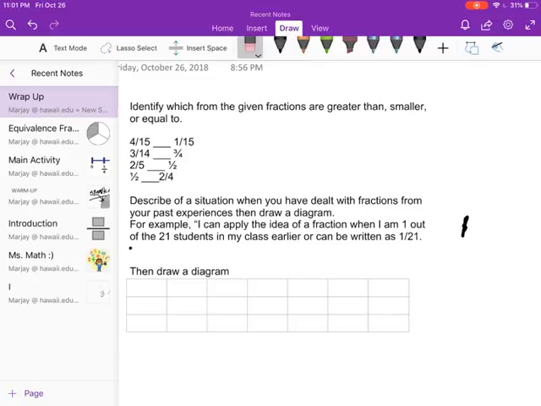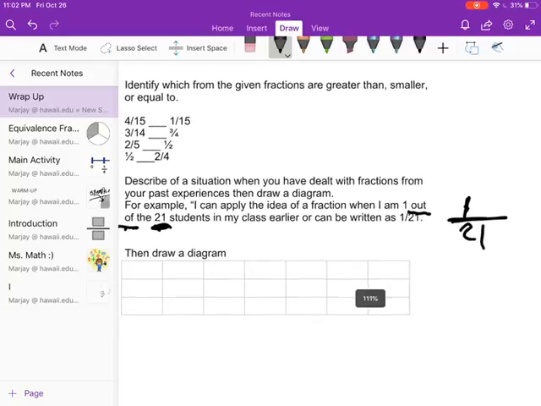The keyword of "out of" is the fraction bar. So 1 out of 21 students, this is the total amount, so it goes on the bottom. Remember, the total amount always goes on the bottom of your fraction. Out of my 21 students in my class earlier.